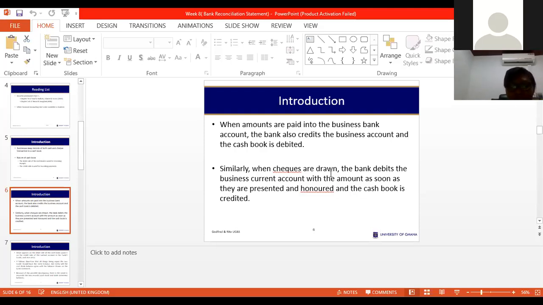So at the bank, when the business sends that check to the bank, the bank will debit their bank account and credit the business's account with the bank, because that money belongs to a third party, who will be captured as a liability at the bank.